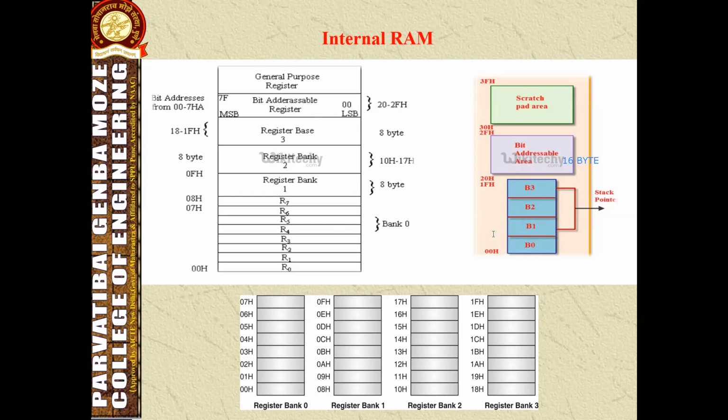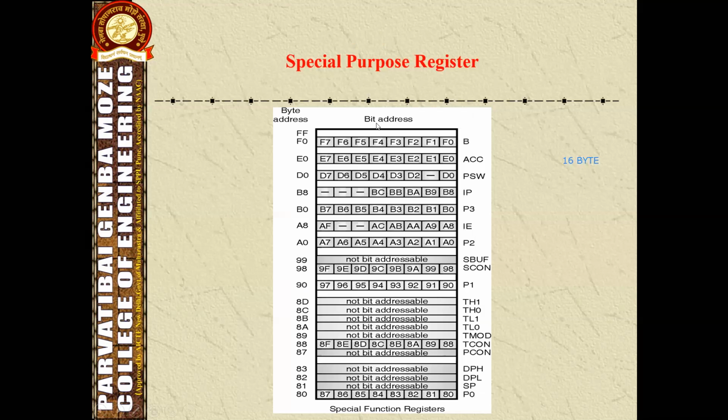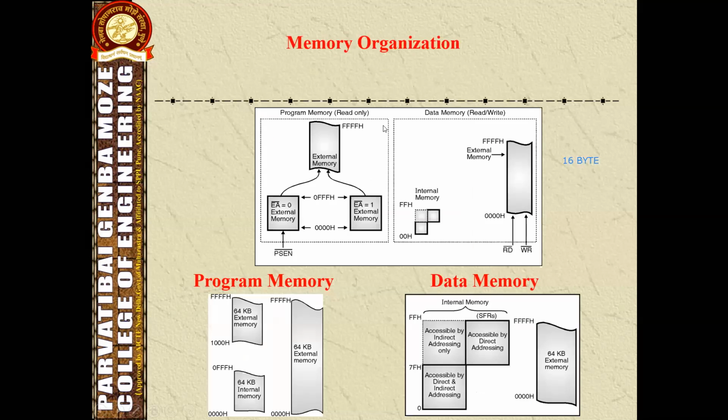Now let's see the external memory. The external memory is used when the internal ROM and RAM available on the chip is not sufficient.